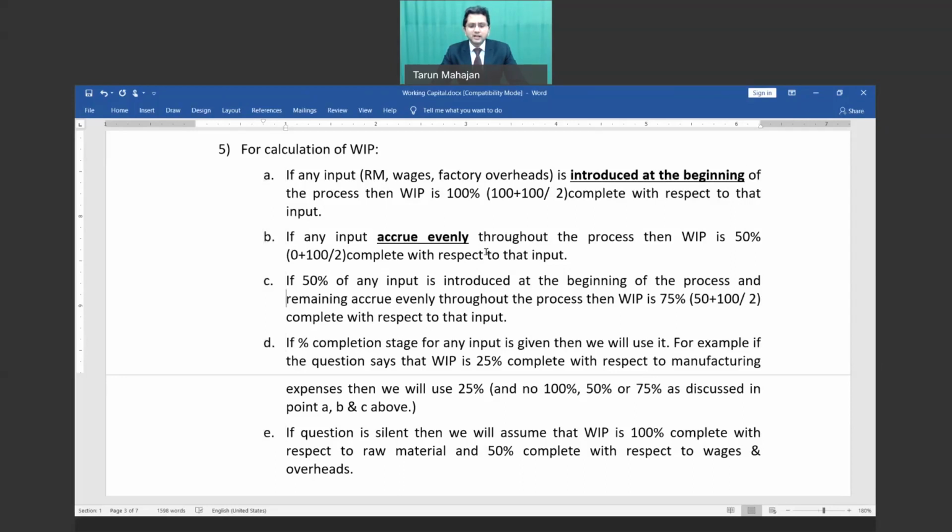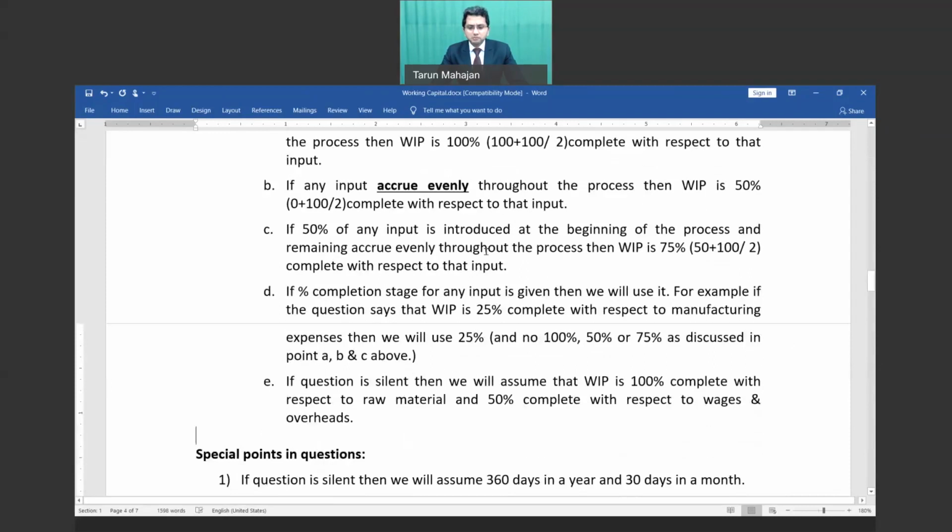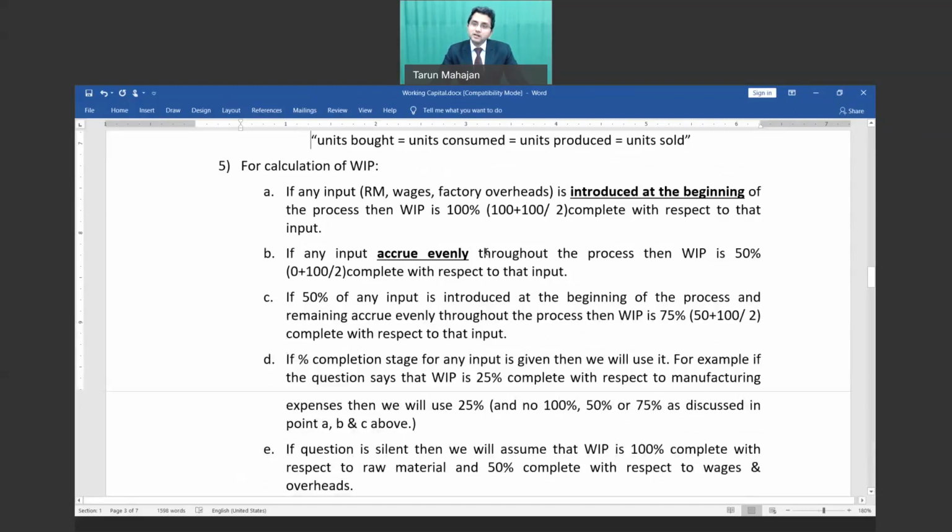And the question can itself specify the percentage completion of WIP. If the question itself says that it is 100% complete with respect to raw material, 60% with respect to wages, 40% with respect to overhead, then to calculate unit cost of WIP, use that 100, 60%, 40%, and then finally multiply it by the number of units.